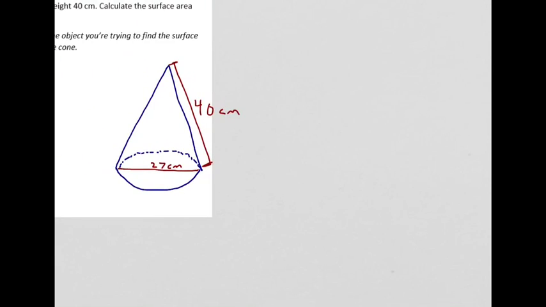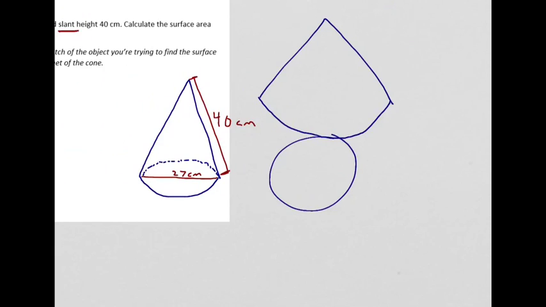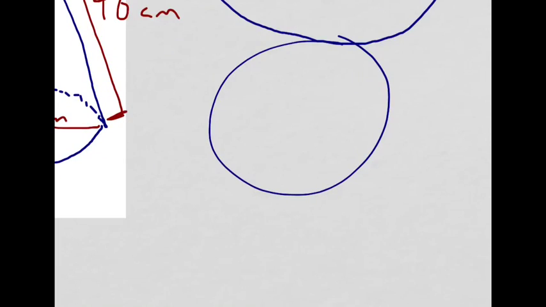If you look at a net of a cone, you've got a circular base, and then that lateral face looks like this. It'll connect right there, which is kind of a strange shape. If you took it apart and drew a net, this is what it would look like. This helps identify the individual faces that you're going to find the area of. The circle is just going to be pi r squared.